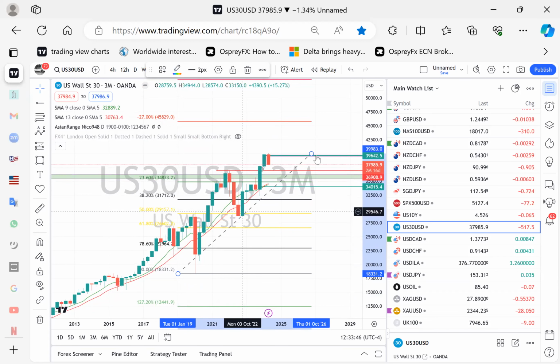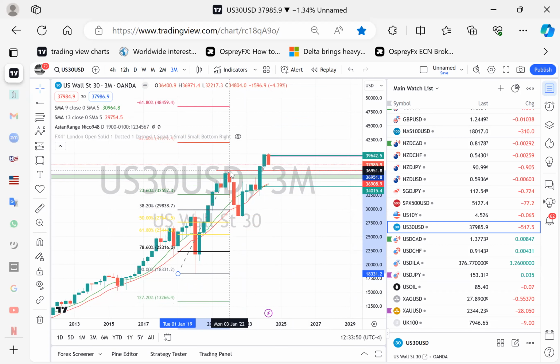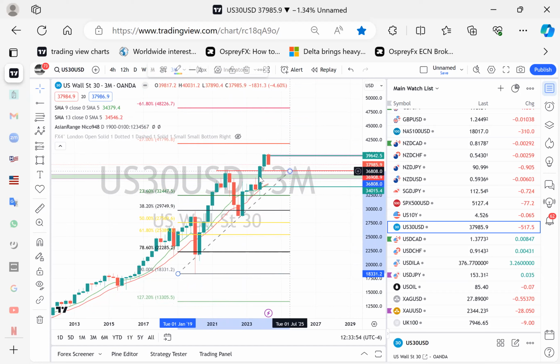And then go to the other previous swing high, this right here. It didn't quite come back to 50, but it pushed up and we're almost to the negative 27. I think you need to go to the previous swing low.